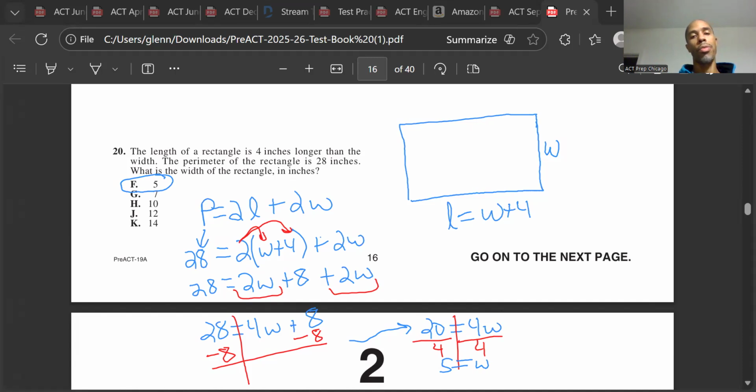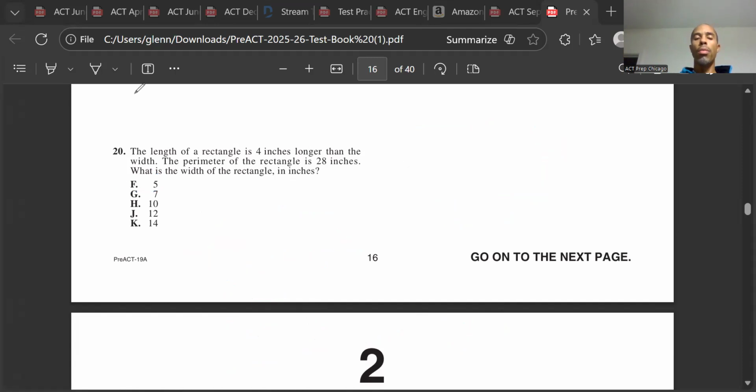Another way to do it is you could really kind of use the answers, right? So the other way to do it is if the length of the rectangle is 4 inches longer than the width, perimeter of the rectangle is 28, right? We really wouldn't even need to draw a rectangle, because let's assume that they say what the width is.